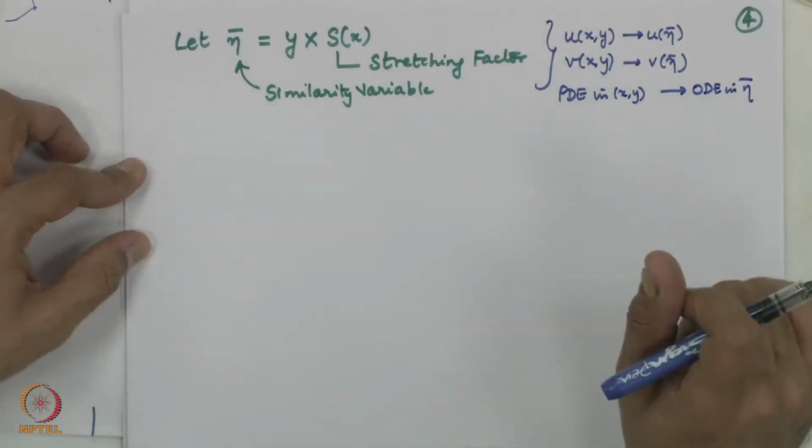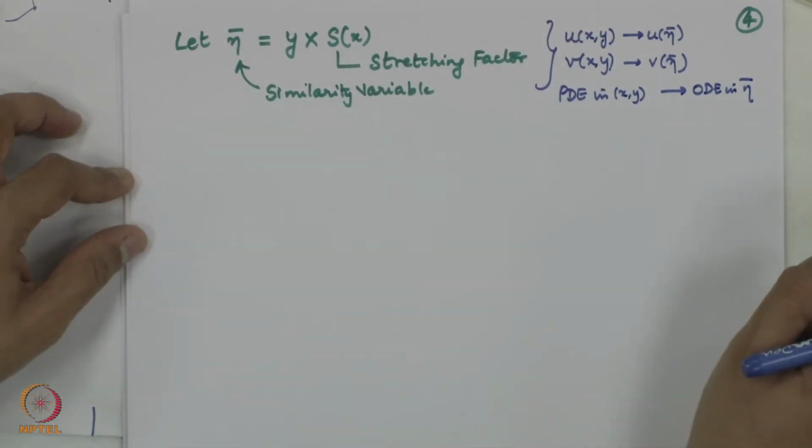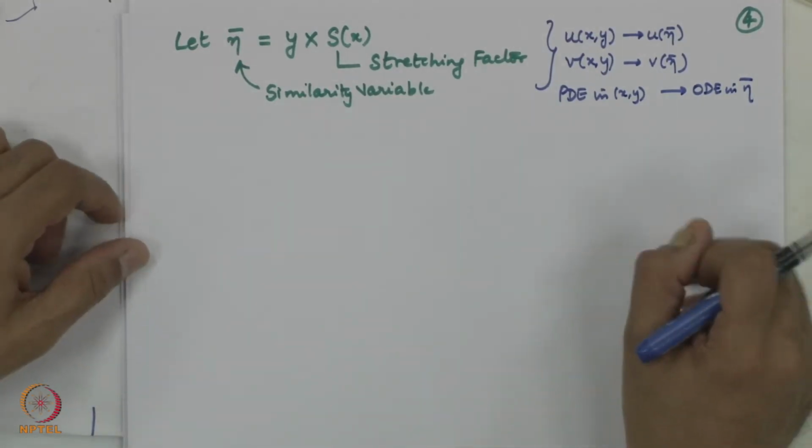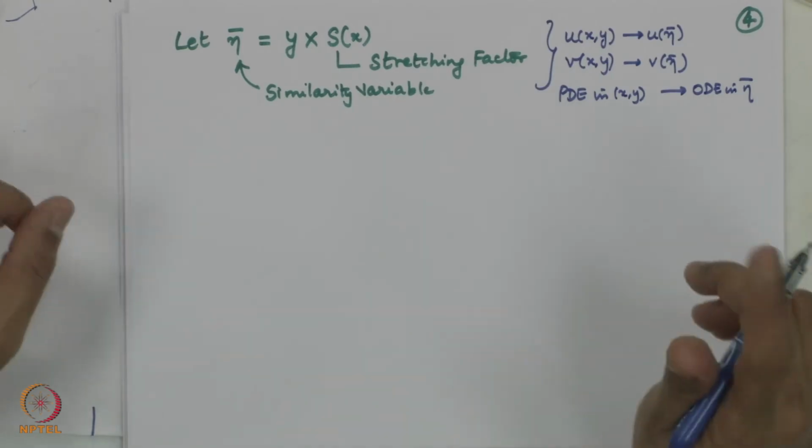We will transform the boundary layer equations, and then come up with the ordinary differential equation, and then we will say that this equation can be an ordinary differential equation if and only if a couple of conditions are satisfied. Those conditions necessarily have to be satisfied for this eta which we have chosen to be a similarity variable. So, it is not some magic.